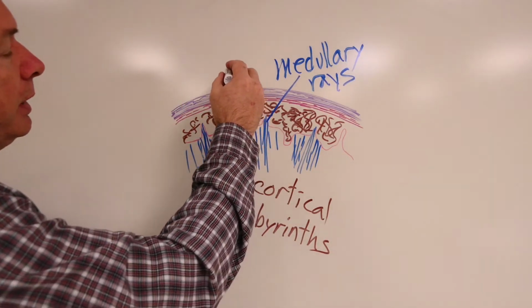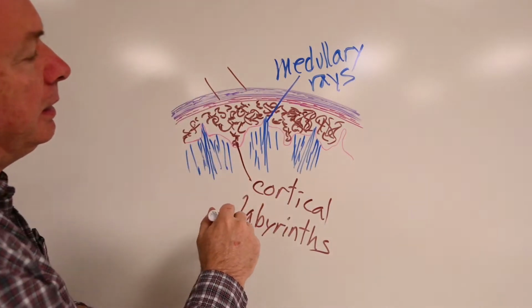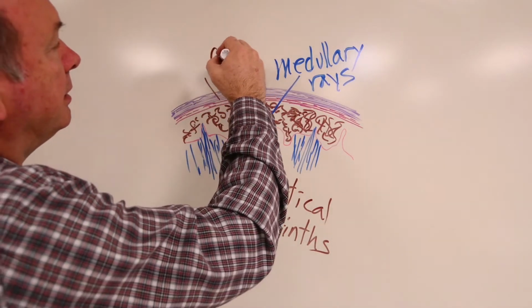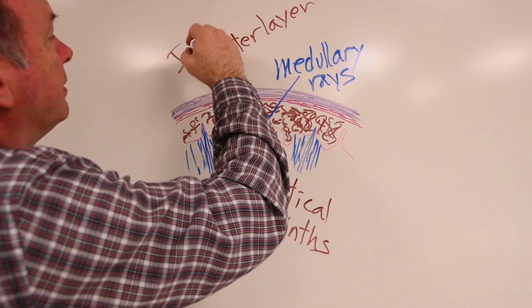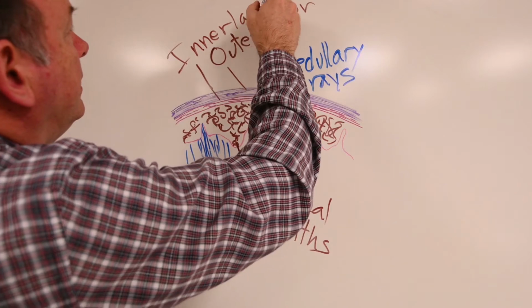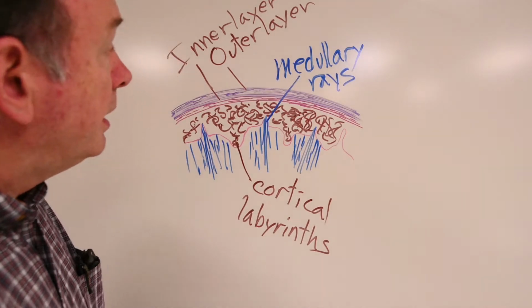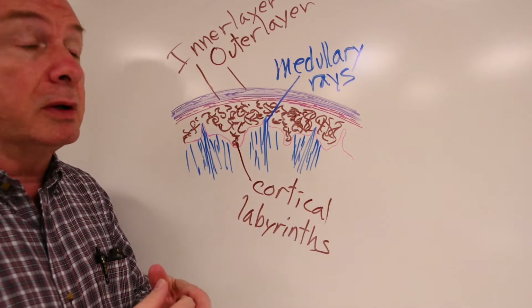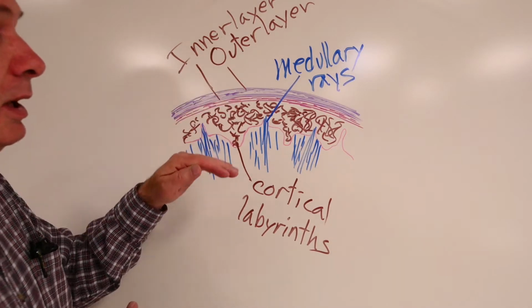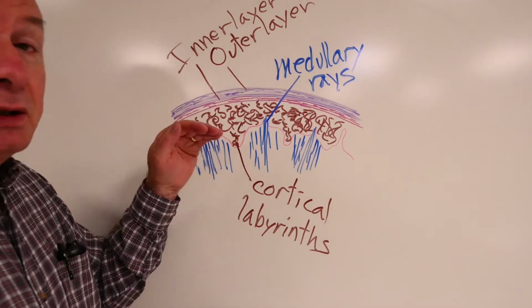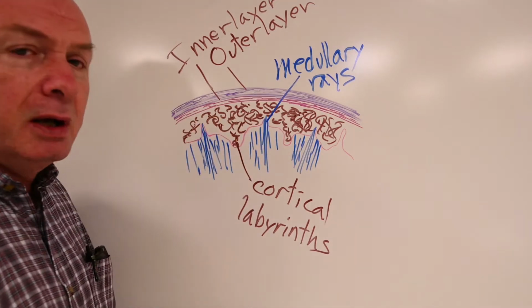And in this picture, I put two layers to our outer capsule here. So we have the outer layer there and our inner layer here. The outer layer being made of typical capsule material, the dense irregular connective tissue and fibroblasts, the inner layer of the capsule having less collagen and some cells called myofibroblasts in addition to typical fibroblast cells.